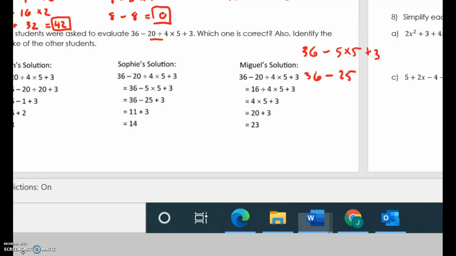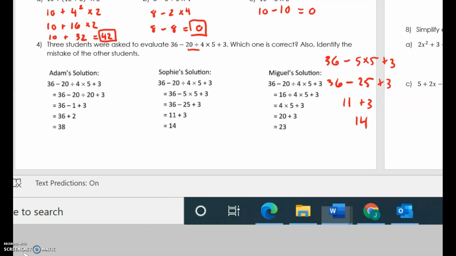So 36 minus 25 plus 3. Then I would just read it from left to right. 36 minus 25 is 11. And 11 plus 3 is 14. Alright, so now I can see that my answer is matching with Sophie's. Okay, so I know that this one is correct. So I'm going to put a little check mark by it.